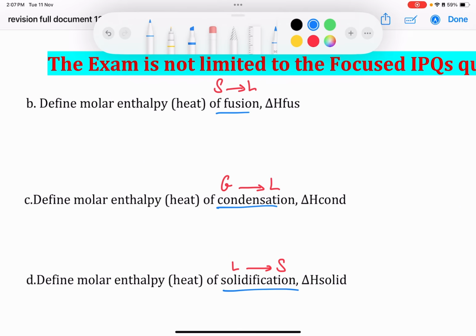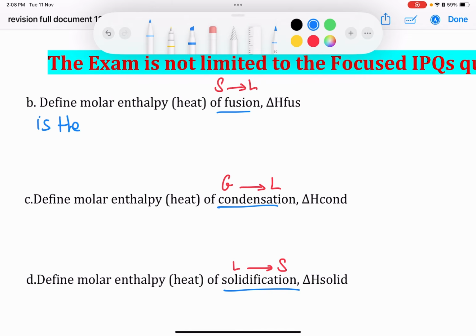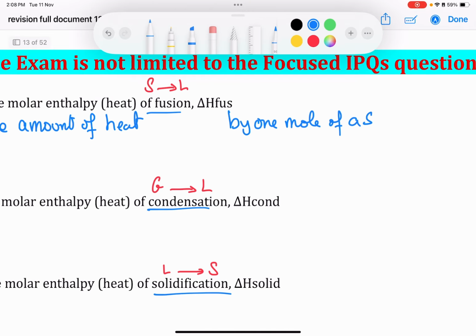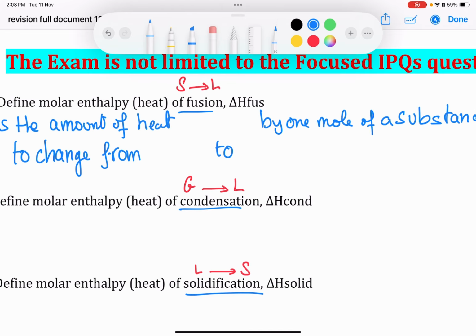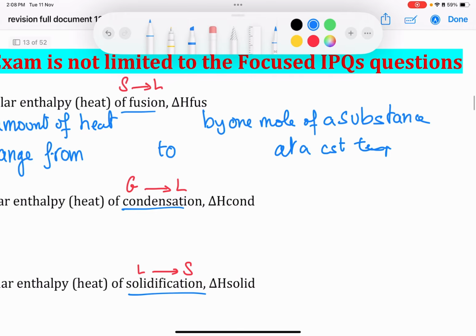So here, the molar enthalpy of fusion is the amount of heat by 1 mole of a substance to change from to at a constant temperature.